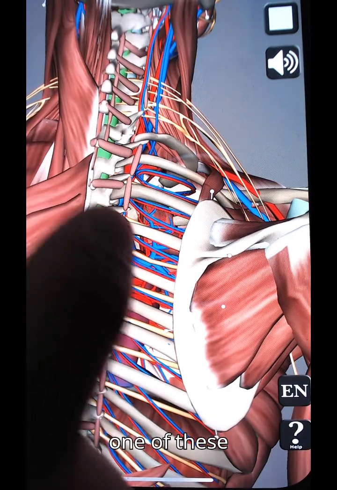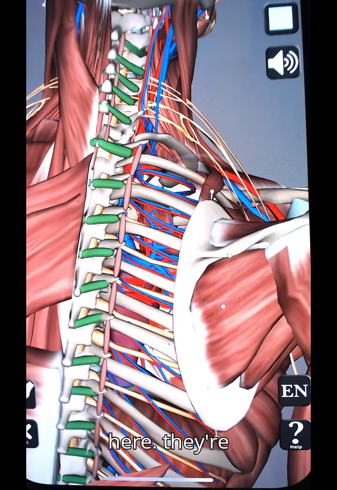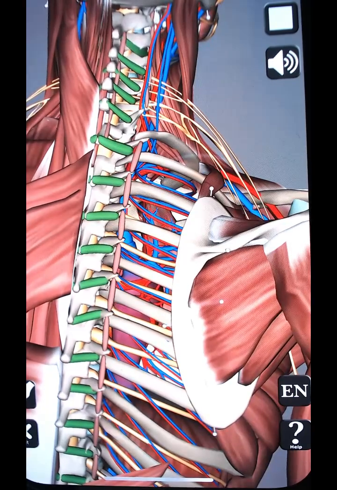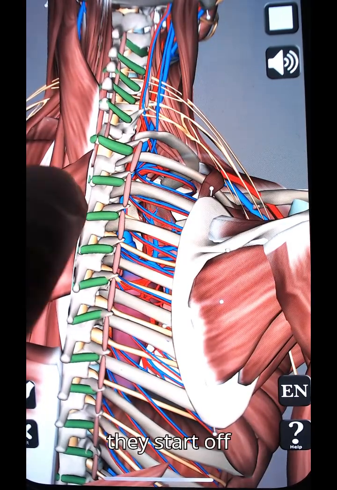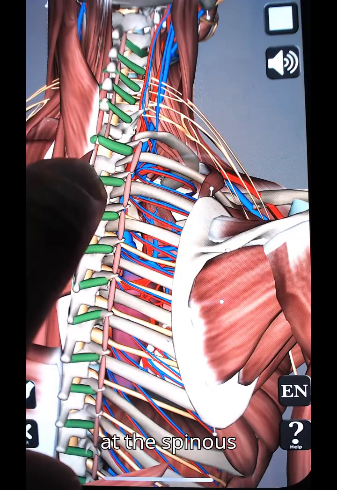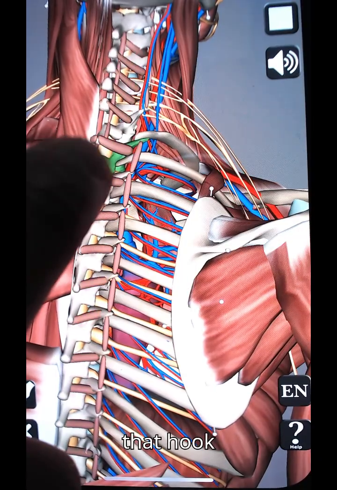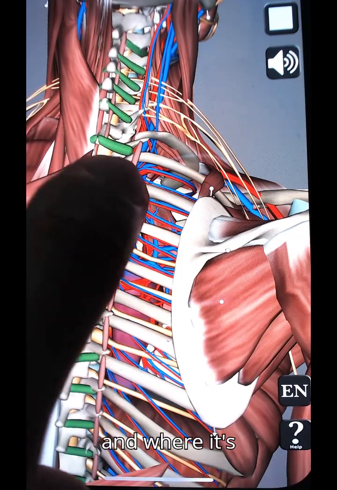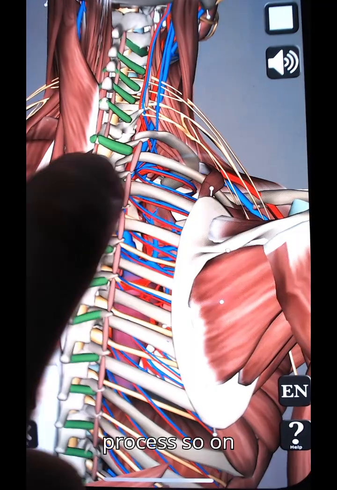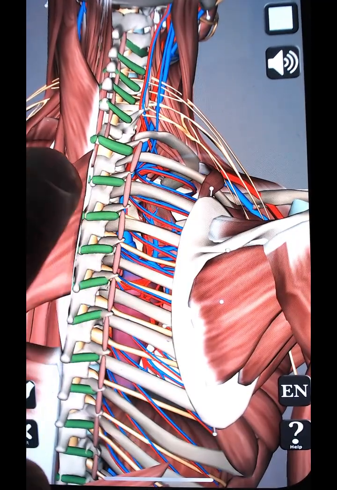Each one of these muscles right here, they're so annoying because if you look at them, they start off at the spinous process, and the spinous process is that hook right there, and where it's going is to a transverse process on the opposite bone.